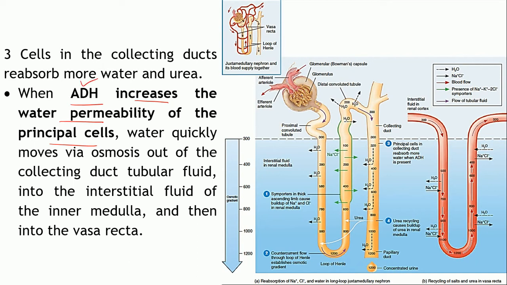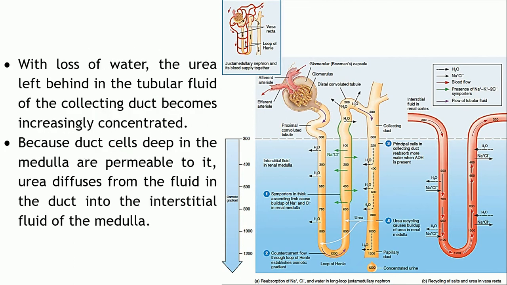So what will happen to the reabsorption of water? As you can see, more and more water is reabsorbed into the interstitial fluid by osmosis. From here the water will enter the vasa recta. So more and more water is reabsorbed in the collecting ducts.